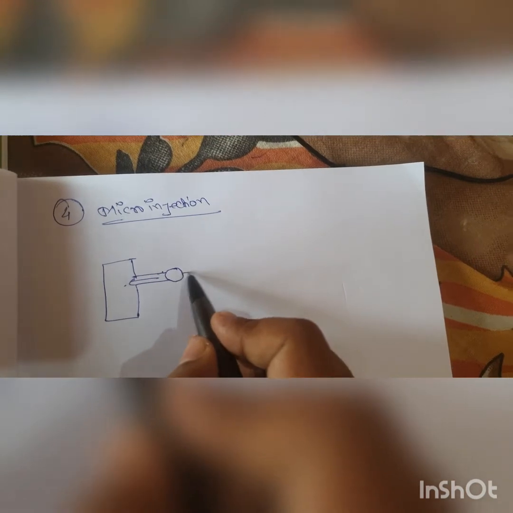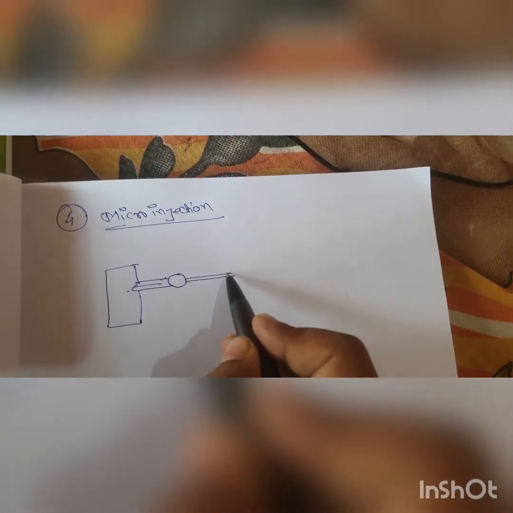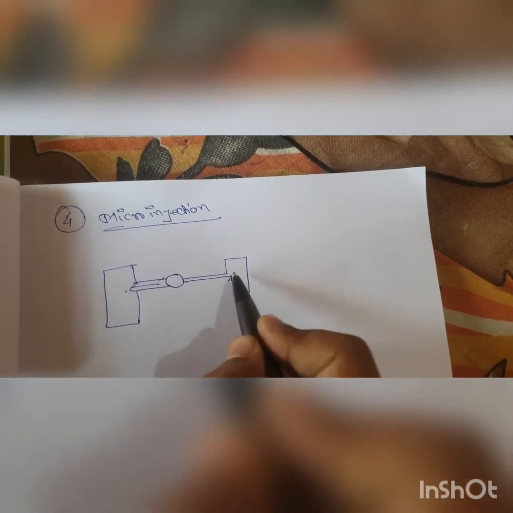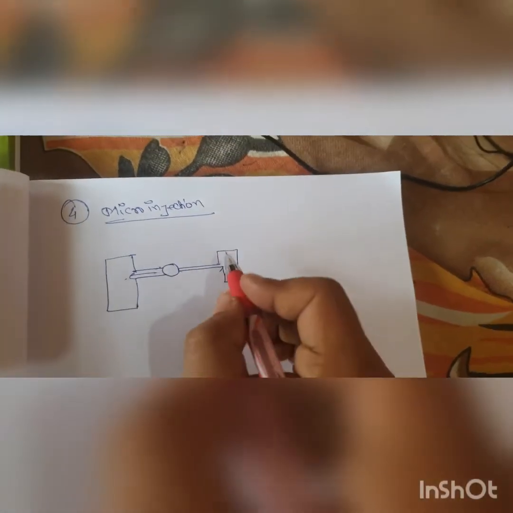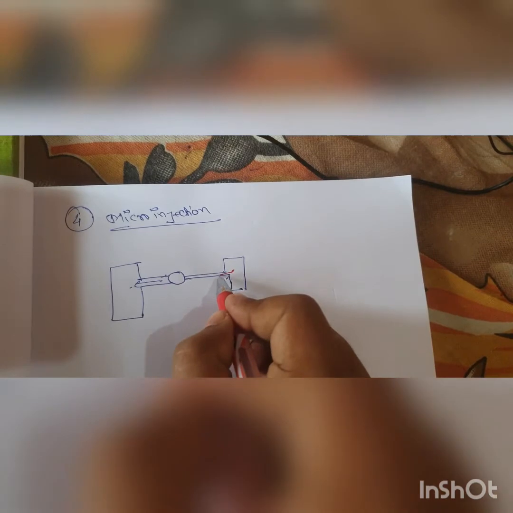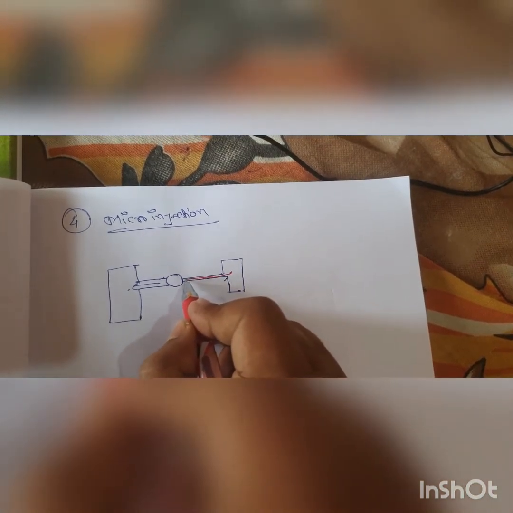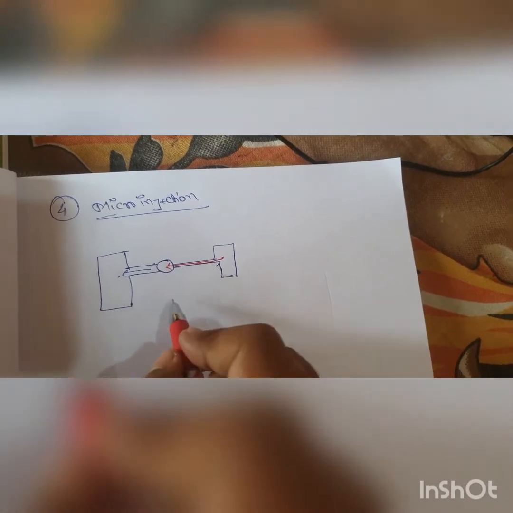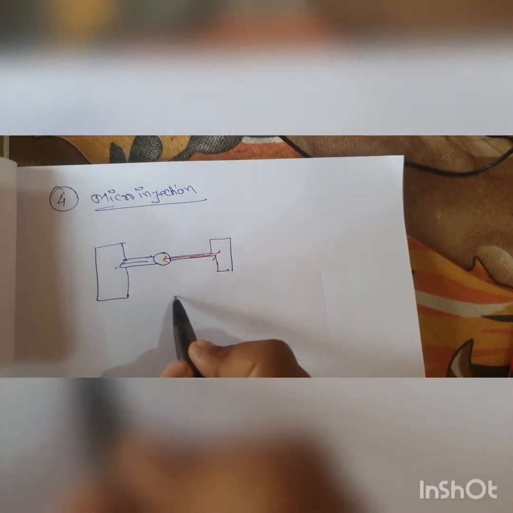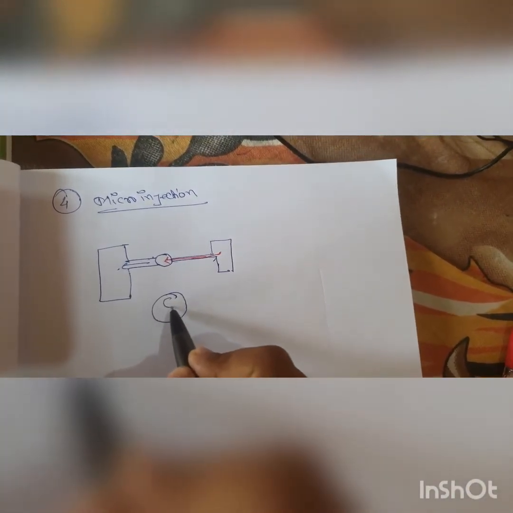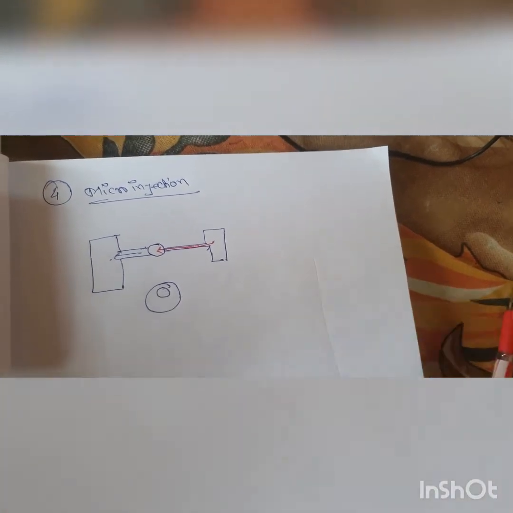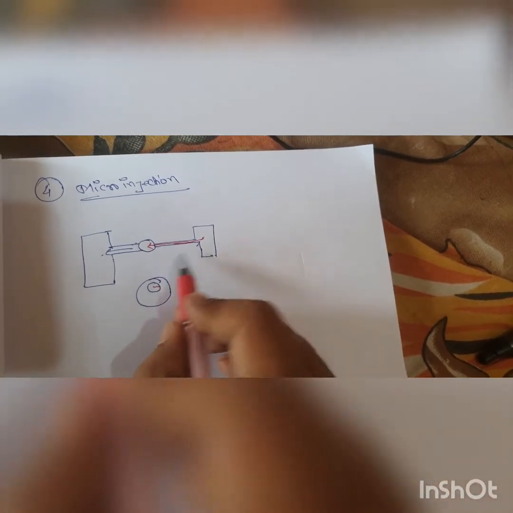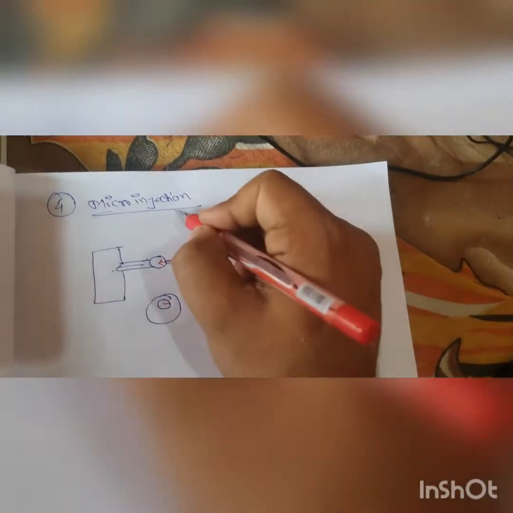Now, this is attached to a device which looks like this, and from here the target gene is injected with the help of a very thin needle inside the cell. Now if this is a eukaryotic cell, then the problem is even more, because you have to inject it inside the nucleus. Okay, so this type of thing is known as microinjection.